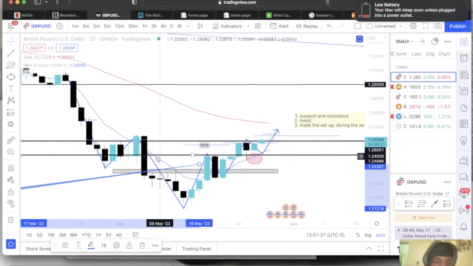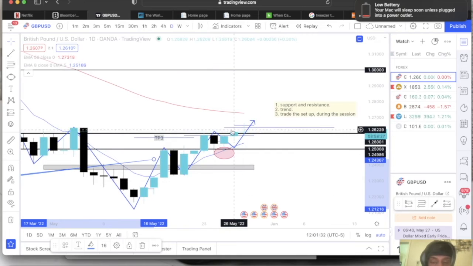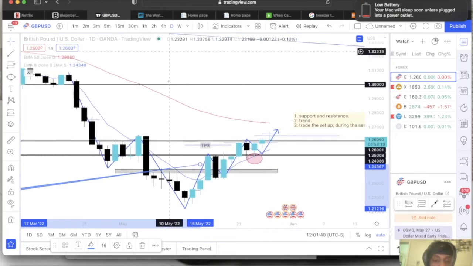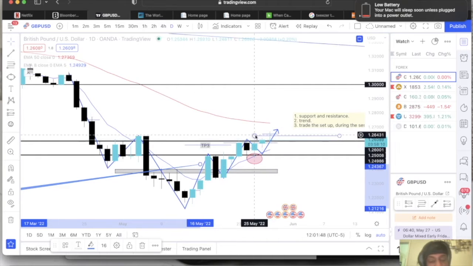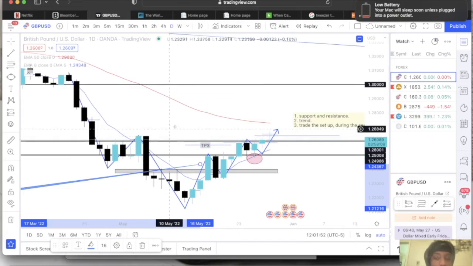Then this previous day closed above this level, kind of telling you price was trading above that level. What I was looking for was a higher low, and depending on how I scale down in, this would have been my take profit 1, TP2, and so on.